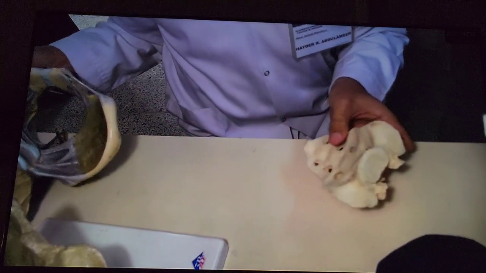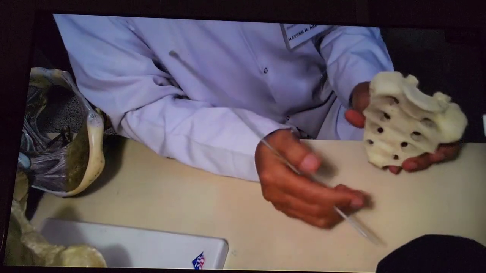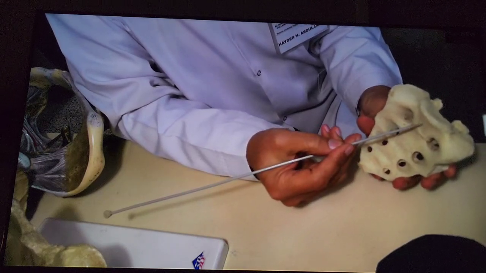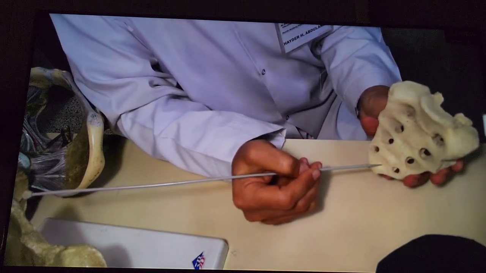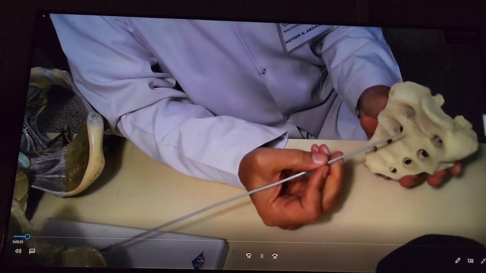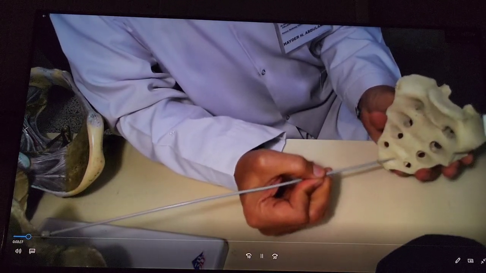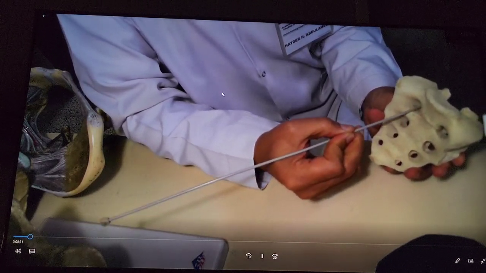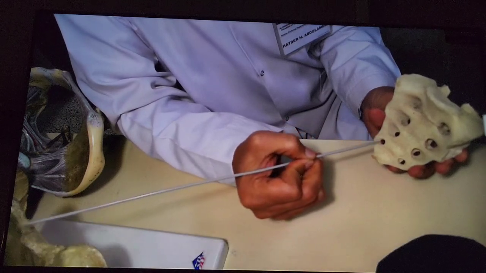First of all, we describe the topography of the sacrum. The sacrum in general consists of five fundamentally fused sacral vertebrae, and on both sides of the sacrum we have the anterior sacral foramina.